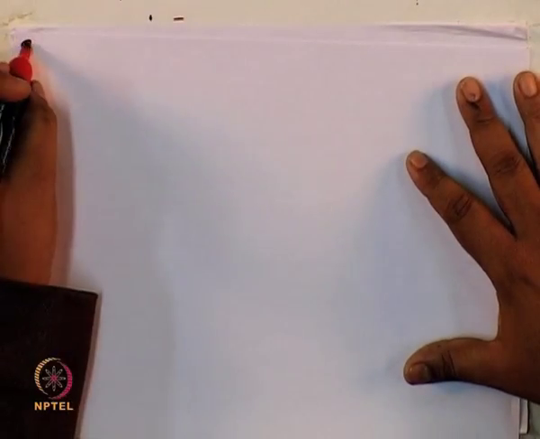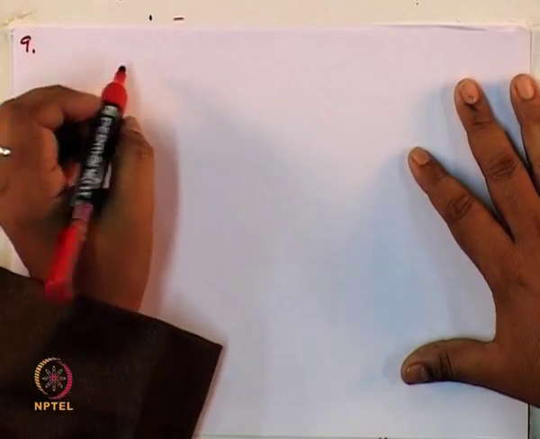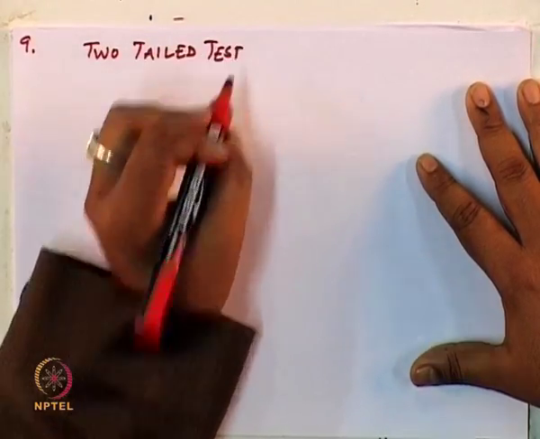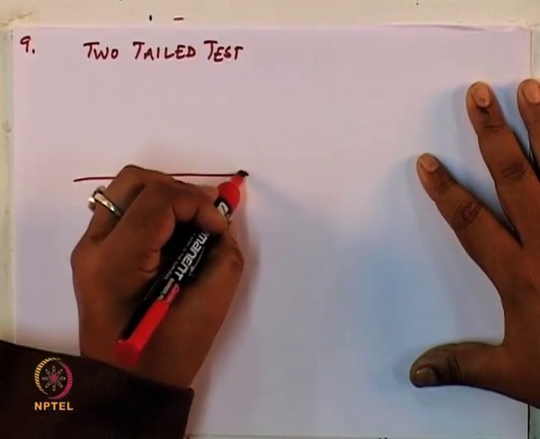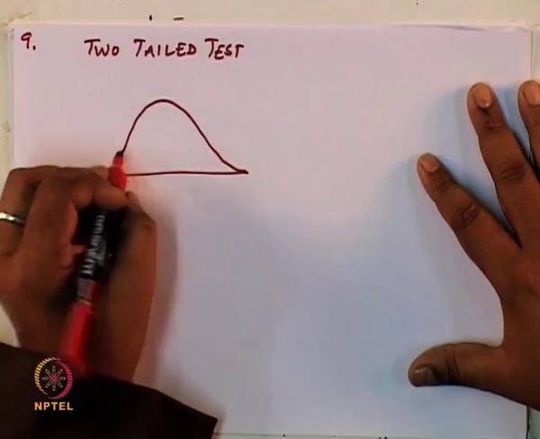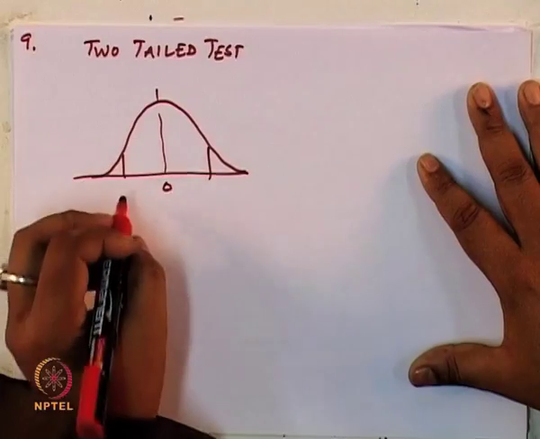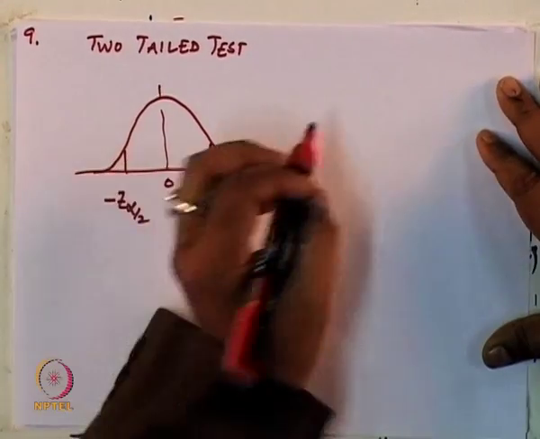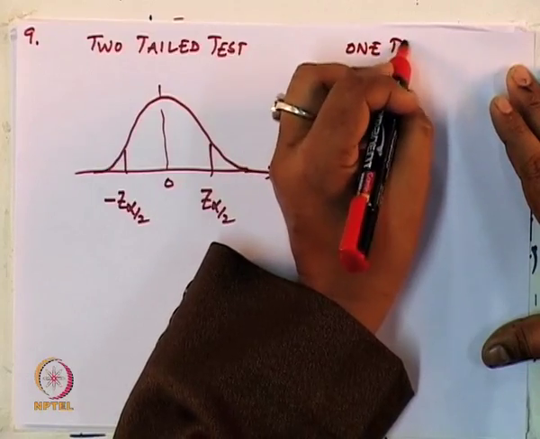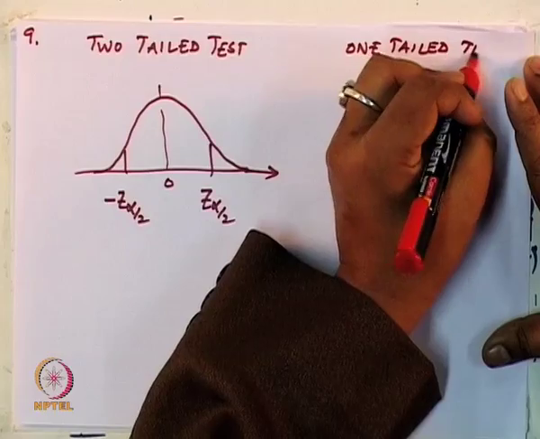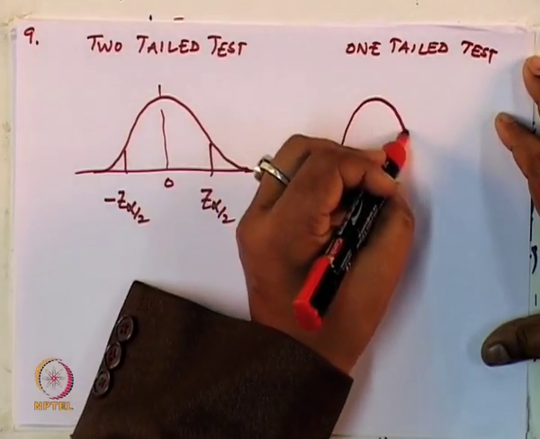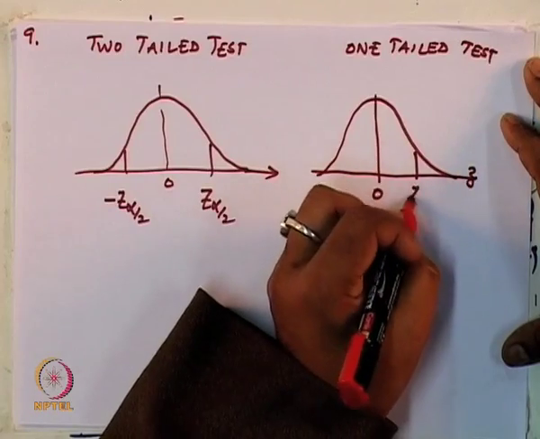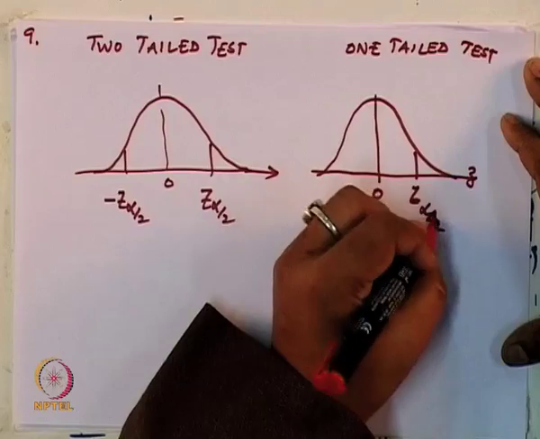So, there is a slight difference for a two-tailed test, and for a one-tailed test, I can just write z of alpha.